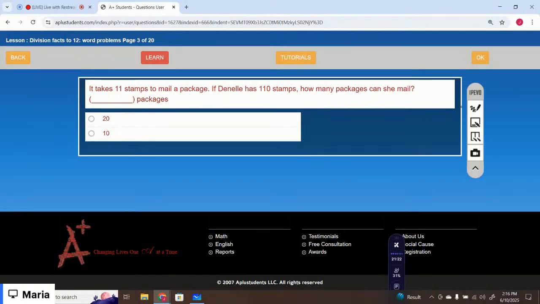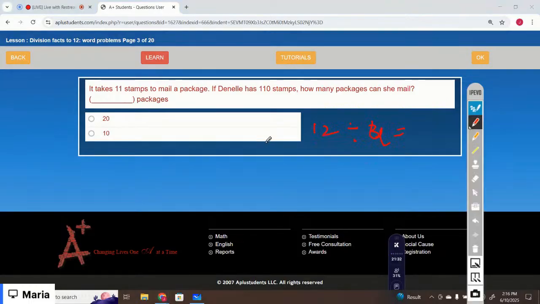It takes 11 stamps to mail a package. If Tamil had 110 stamps, how many packages can she mail? That is 110 divided by 11.